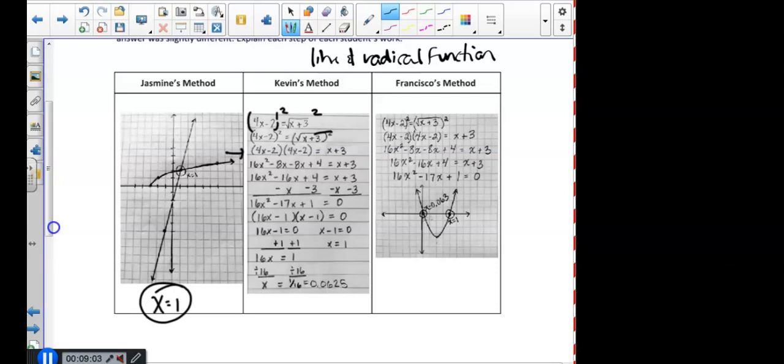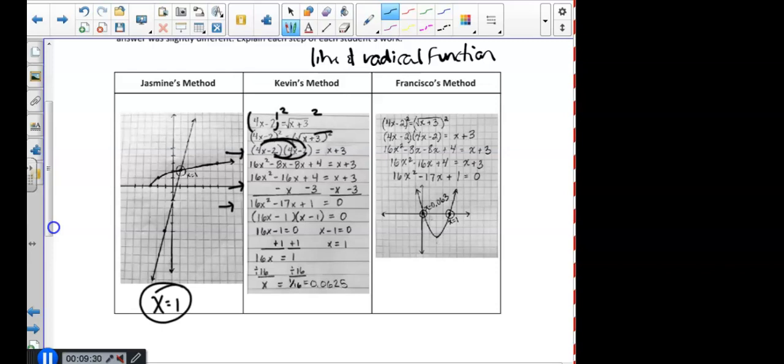He then distributed each of the values in his binomial in order to get the equation 16x squared minus 16x plus 4 equals x plus 3. He then combined like terms and subtracted x and subtracted 3 to get the quadratic equation 16x squared minus 17x plus 1 equals 0.